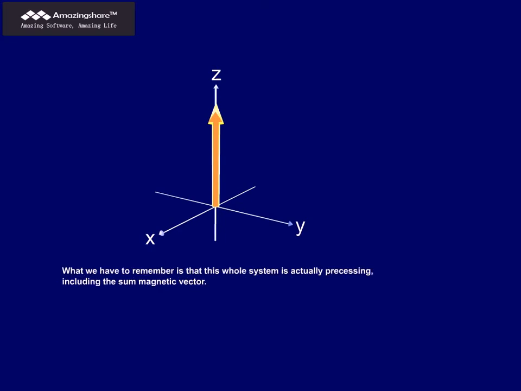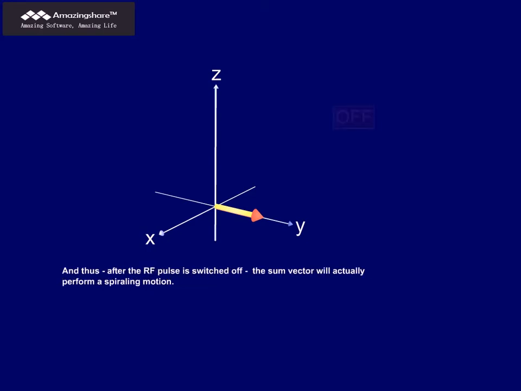What we have to remember is that this whole system is actually precessing, including the sum magnetic vector. And thus, after the RF pulse is switched off, the sum vector will actually perform a spiraling motion.